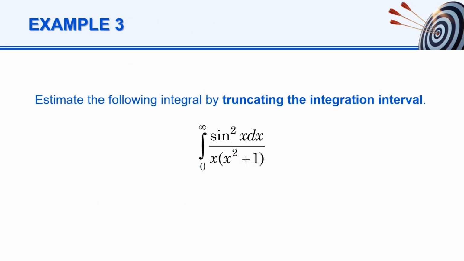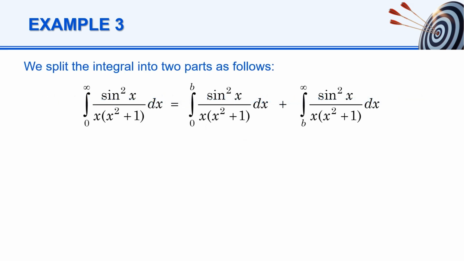Now let us consider estimating the following integral by truncating the integration interval. We split the integral into two parts as follows. The first part will be calculated once a value for the upper limit b is determined. The second part, which is the truncation error, is defined as R(b).